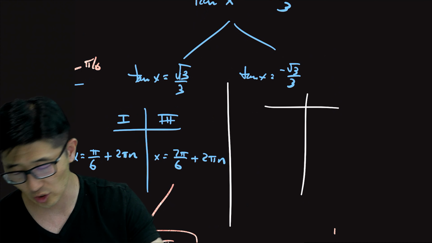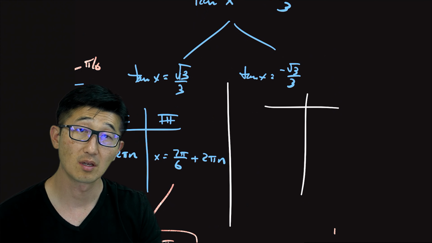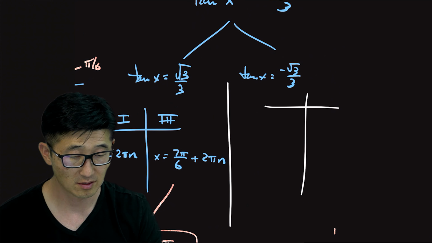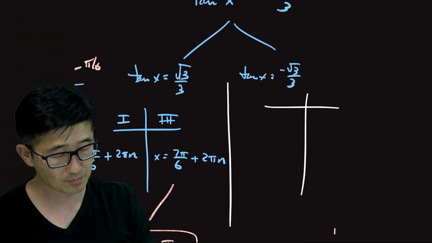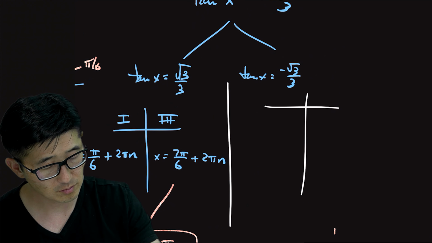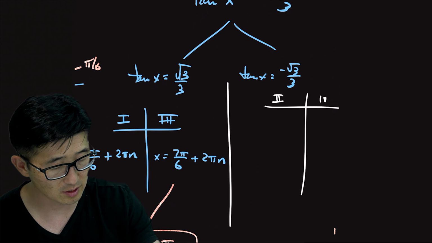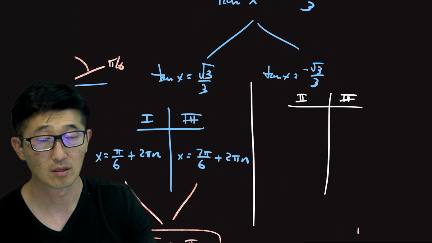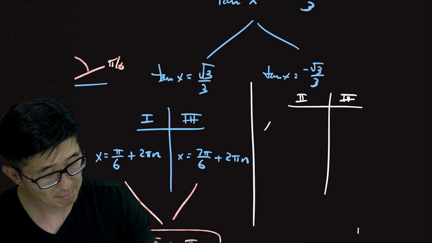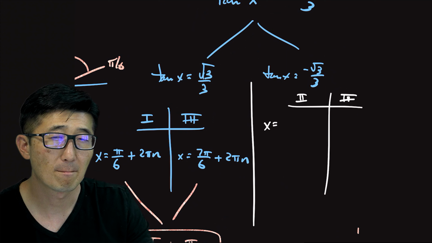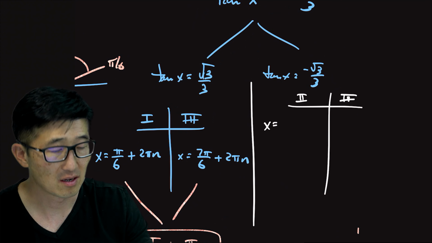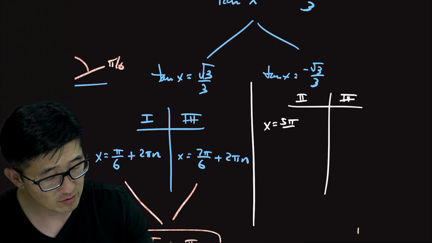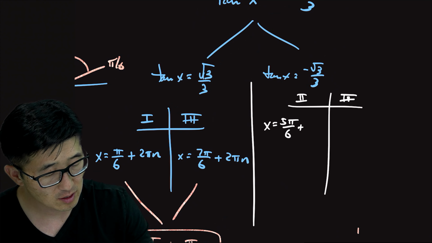So give me the two quadrants that it's negative. So it would be in quadrant 2 and quadrant 4. Yes, good. And then it reaches quadrant 2 with 1, 2, 3, 4, 5. So 5 pi over 6 for quadrant 2. 5 pi over 6 plus what? 2 pi n?